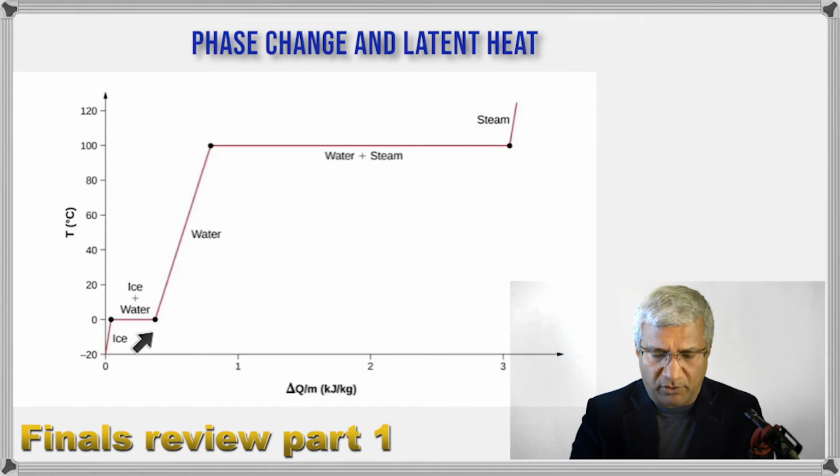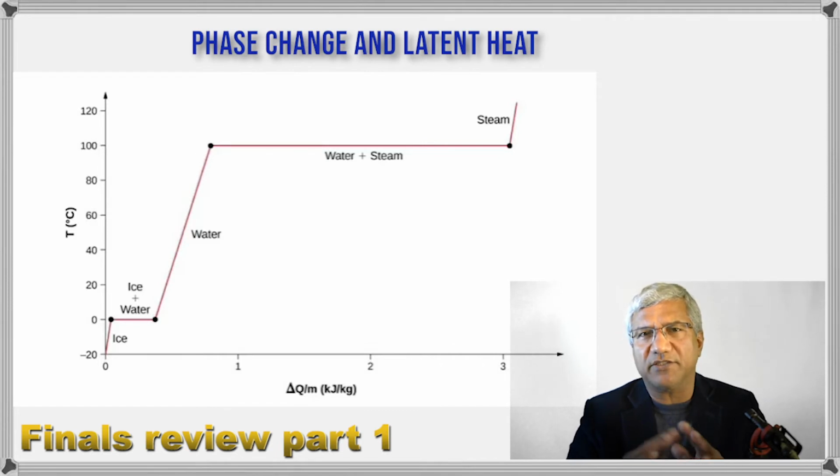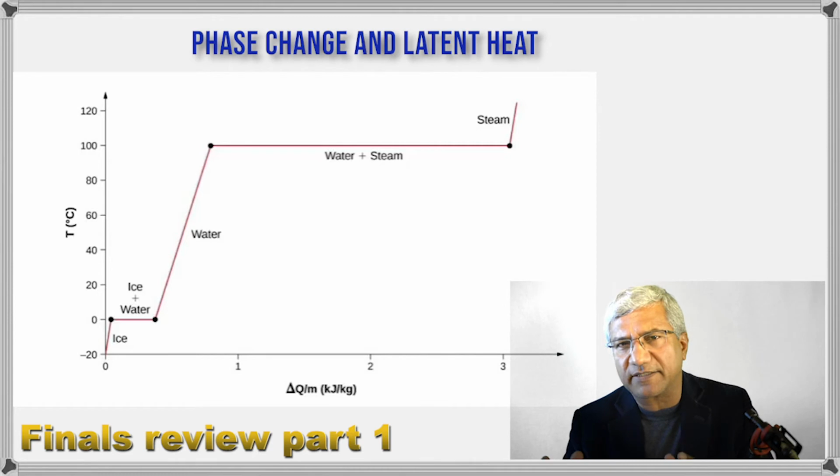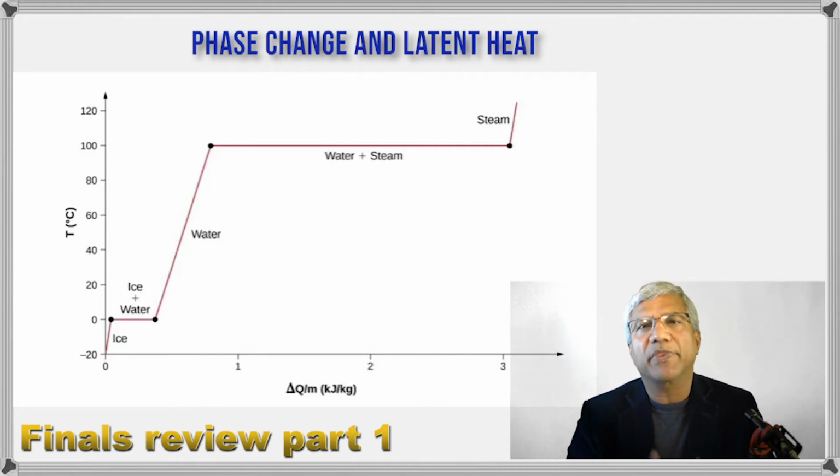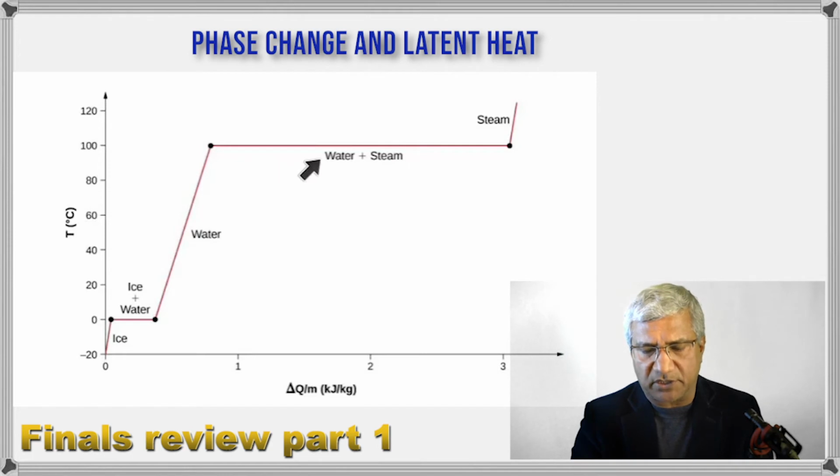But after all of that ice is changed into water, if you continue heating, now the temperature is again going to increase up until 100 degrees Celsius. And at 100 degrees Celsius, once again, there is a phase change. The water is now changing into steam. Once again, the temperature is constant because you got water and steam.